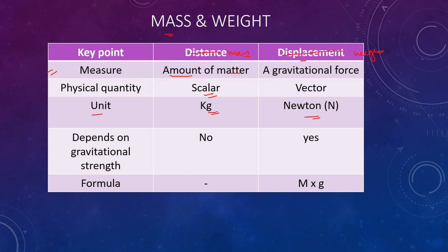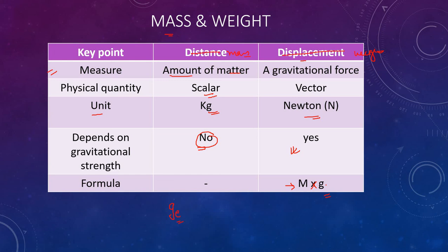Does mass depend on gravitational strength? No. And what about weight? It depends. So what is the formula of weight? It is the mass multiplied with the gravitational field strength, which is called g. So is it clear why weight is called a vector quantity? Because it is dependent on g. If I am going on Mars or Earth, g is changing.